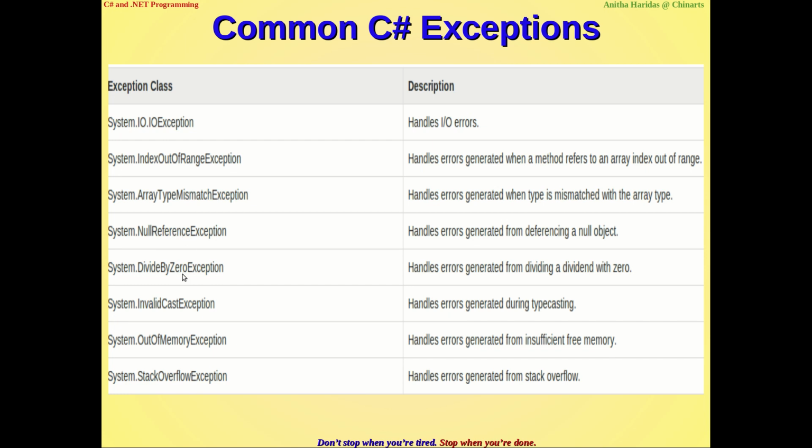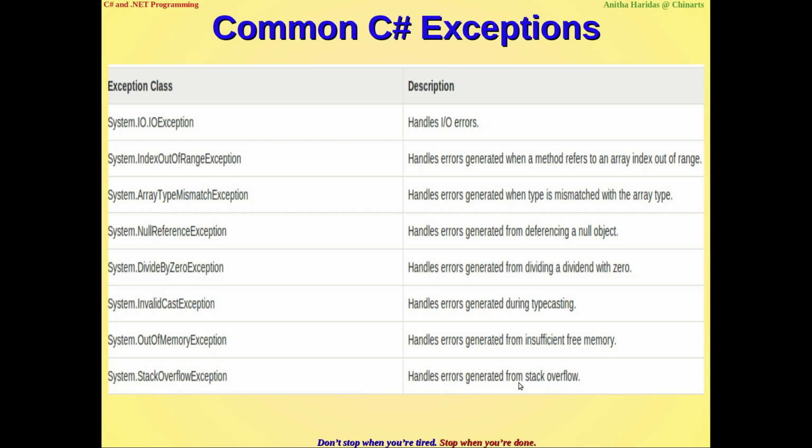If you try to divide a value by 0, then it is called DivideByZeroException. And if you have any invalid typecasting, then it is called InvalidCastException. And if there is insufficient memory in your program during the program execution, then you call it OutOfMemoryException.